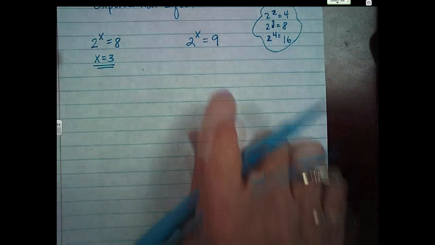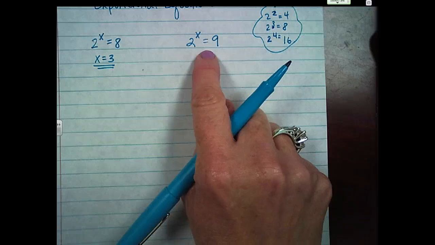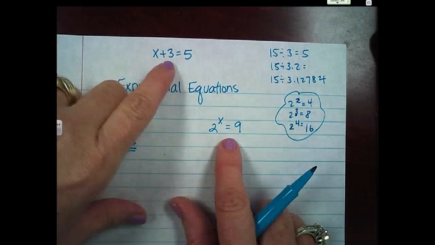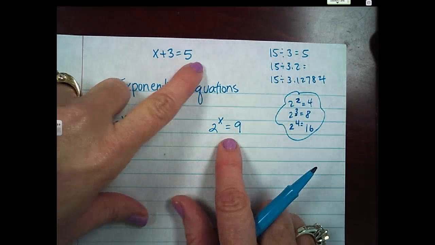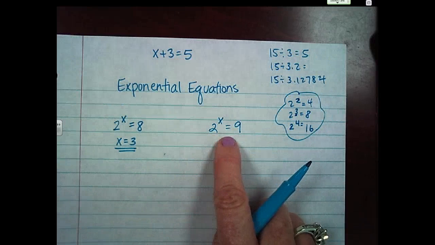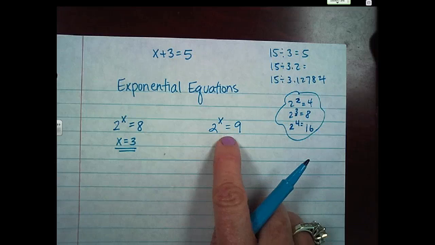Now, in this problem, when you're trying to solve for an exponent that you can't just mentally solve, then what you do, kind of like here where we just subtracted 3 from both sides, is on this problem, we log both sides. And it's fine, as long as you do the same thing to both sides, it's legal, correct?